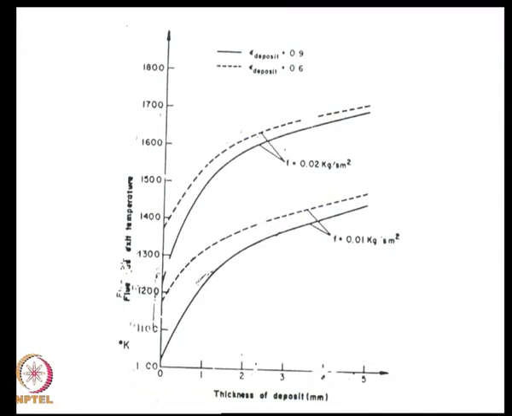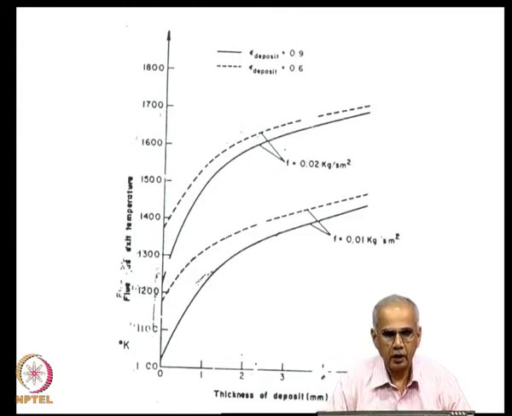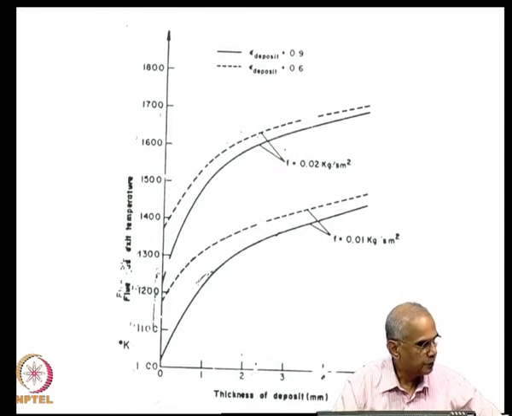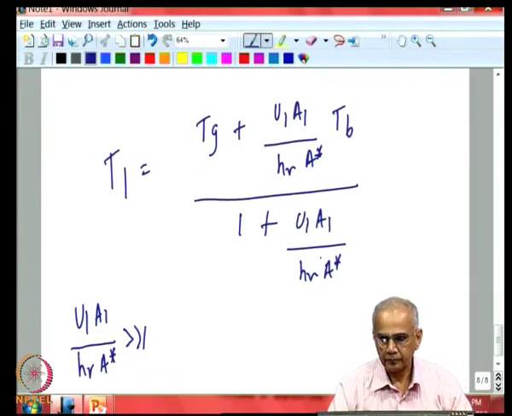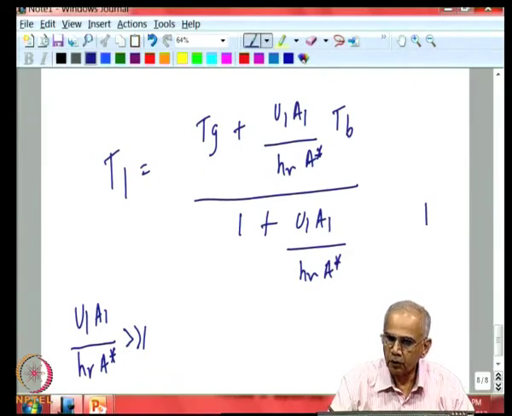So, we can calculate this, and I am going to show you the results of this computation. This is the result of the temperature of the gas as a function of thickness of the deposit. Now, the deposit that is made on the outside of the tube has two influences. So, here is a wall and here is a deposit.